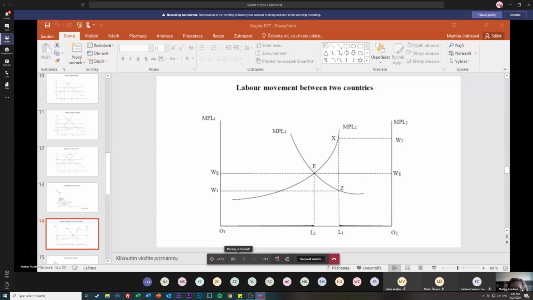Capital is the scarce factor. In the second economy, it's the opposite: labor is the scarce factor and capital is the abundant factor.